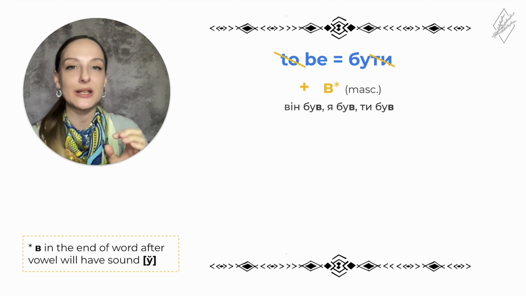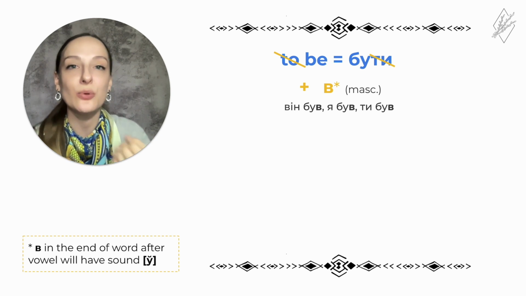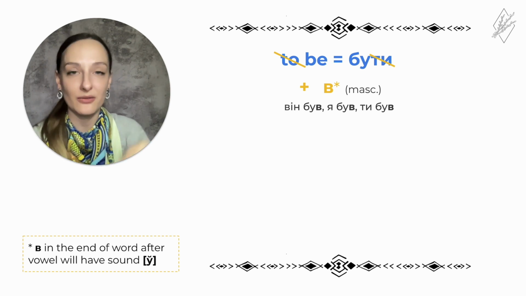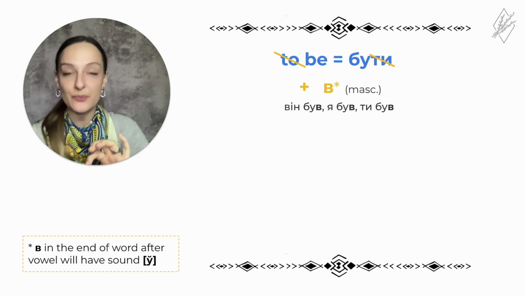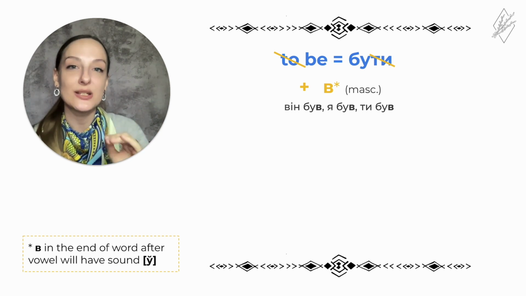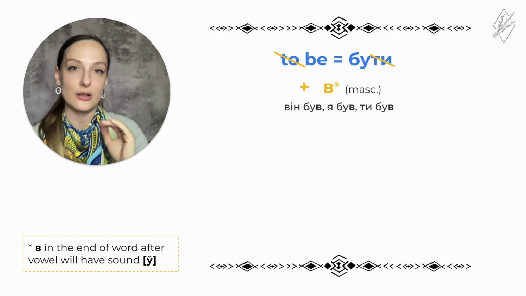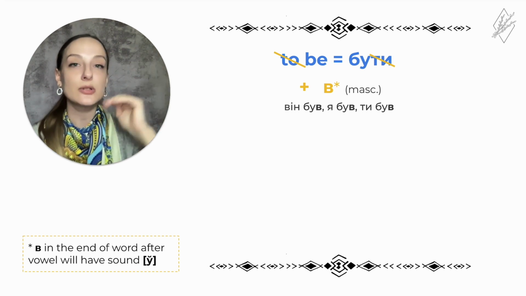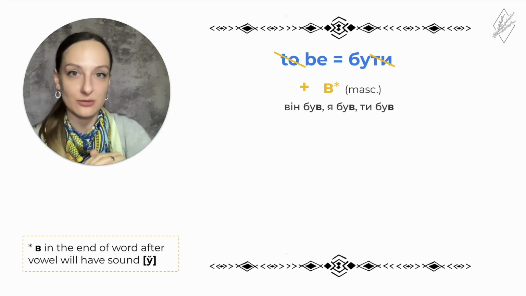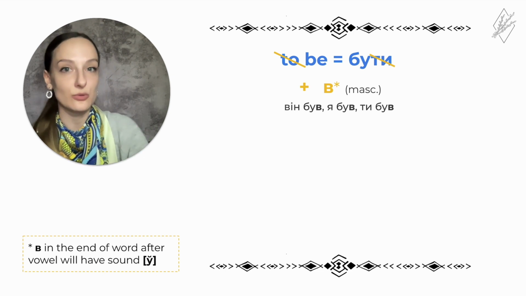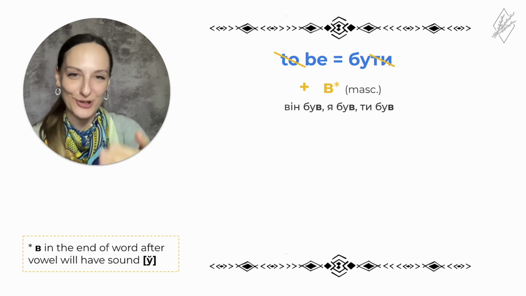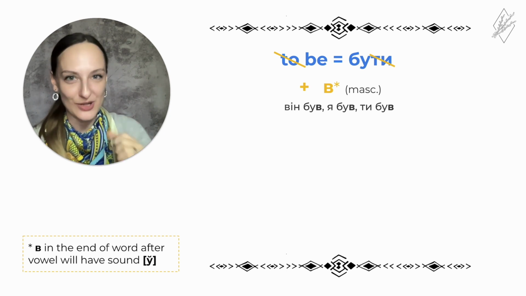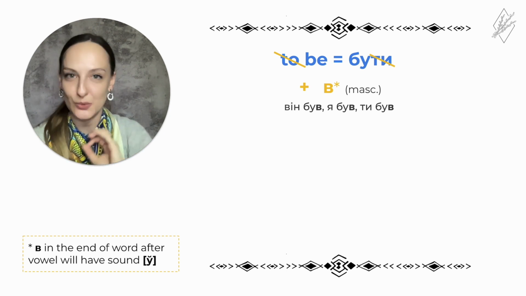No, it will be kind of я був, він був, ти був, right? This is how it's typical for the literary Ukrainian language, the correct one. Not even all native speakers know and use this rule right now, but lately the situation is changing, so I just wanted to draw attention to it.